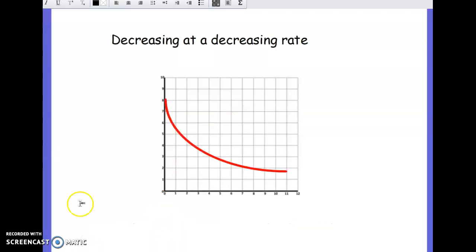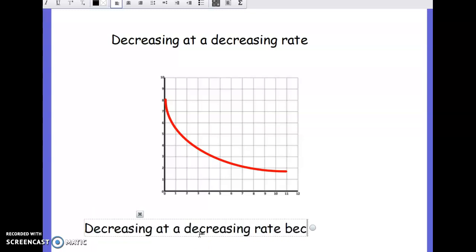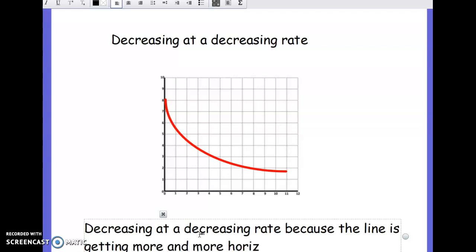So again, this line is getting more and more horizontal. That's how you know it's decreasing at a decreasing rate. So decreasing at a decreasing rate because the line is getting more and more horizontal downwards.